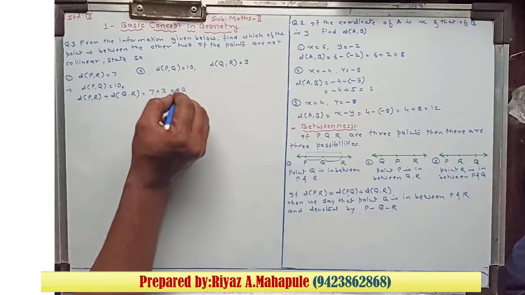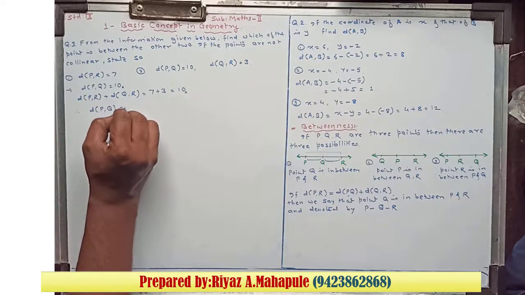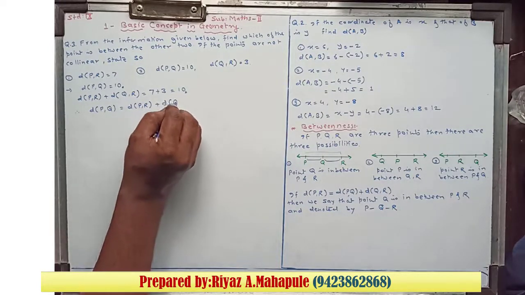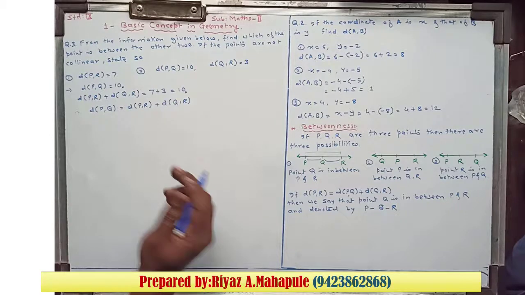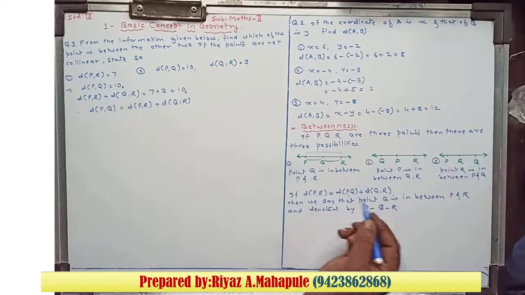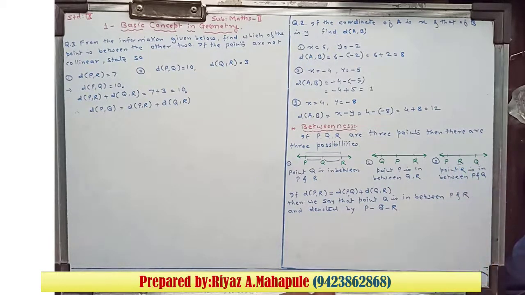If you observe those numbers, this is 10, this is also 10, therefore we write the equation as distance PQ is equal to distance PR plus distance QR. We got the equation.